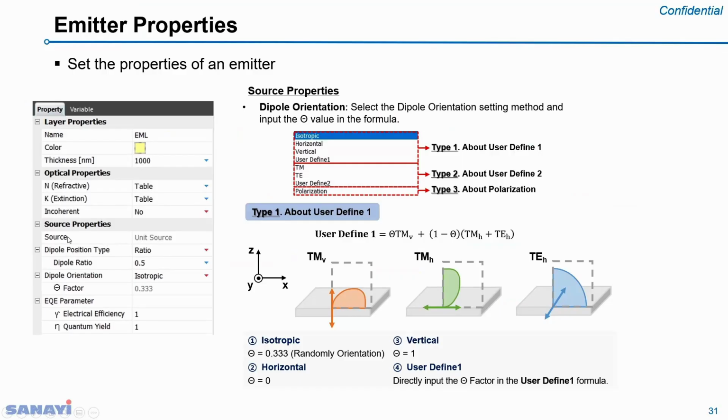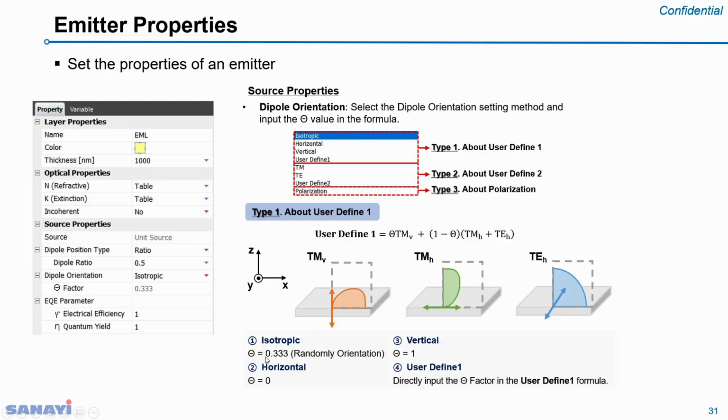After that, select the dipole orientation method. It can be mainly divided into 3 types: about user-defined 1, about user-defined 2, and polarization. Isotropic, horizontal, and vertical are related to the following user-defined 1 formula.